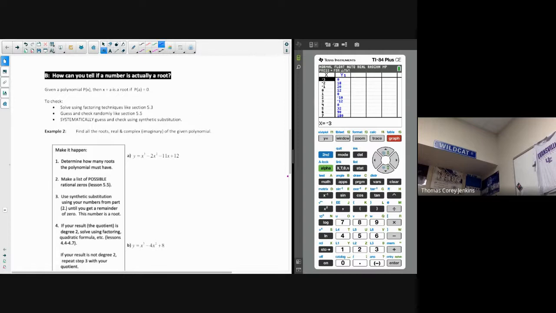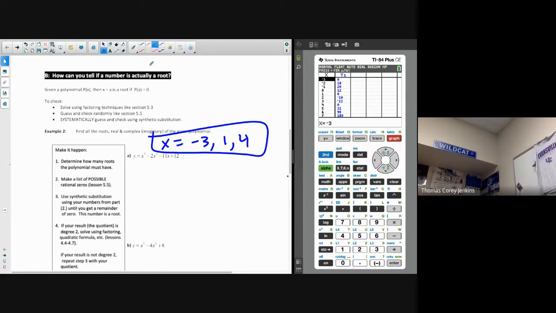Just to show you how this would shake out, kind of looking at some division, we already know the solutions are x equals -3, x equals +1, and x equals 4. We can tell just by plugging it into our calculator and looking at the x-intercepts.